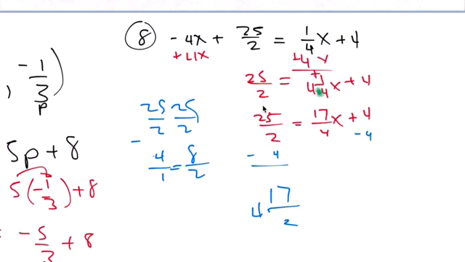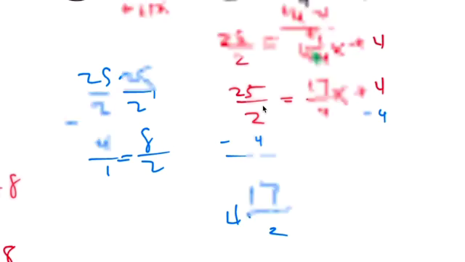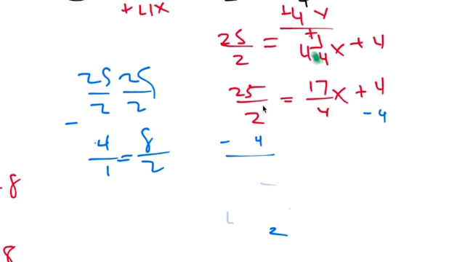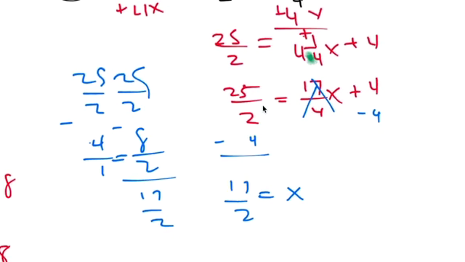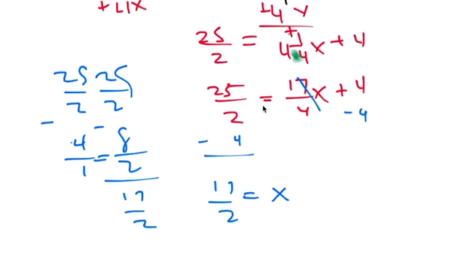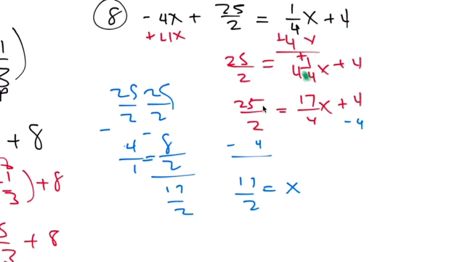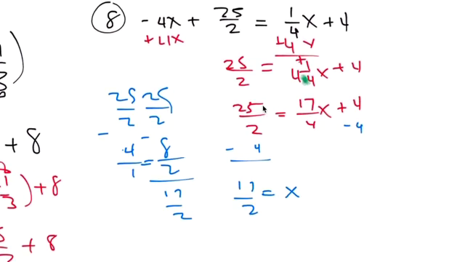Hold on a second. If I subtract that, 17 over 2. Okay, that's how you do that. 11 over 2.